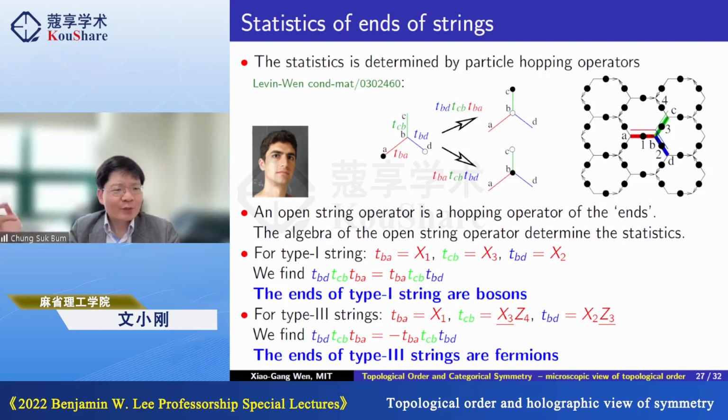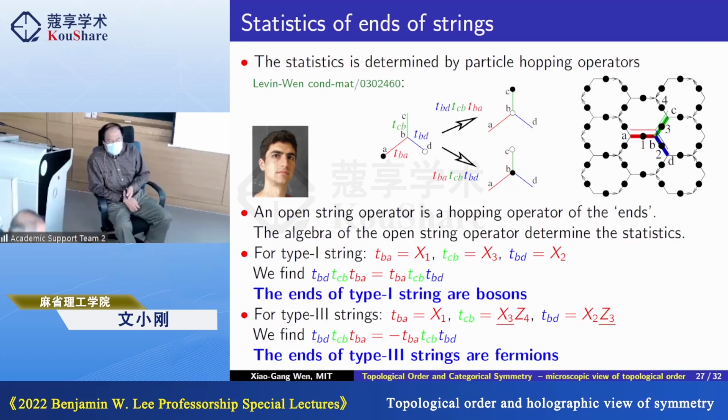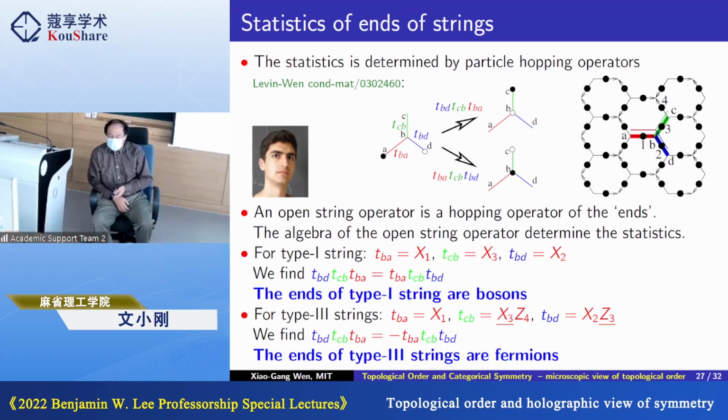Is this because of the broken time-reversal symmetry? No, because the end of the string is an anyon. This anyon has a non-trivial mutual statistics with itself, and that gives rise to the anomaly. So the fractional statistics at the end of the string imply that the string generates an anomalous one-symmetry.